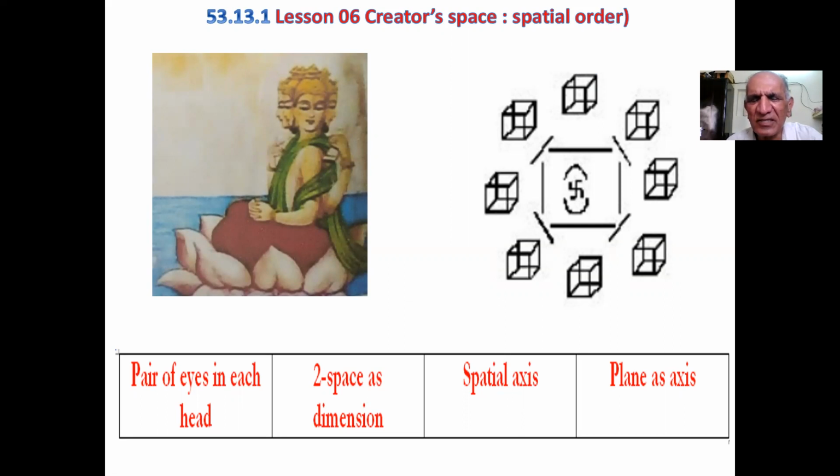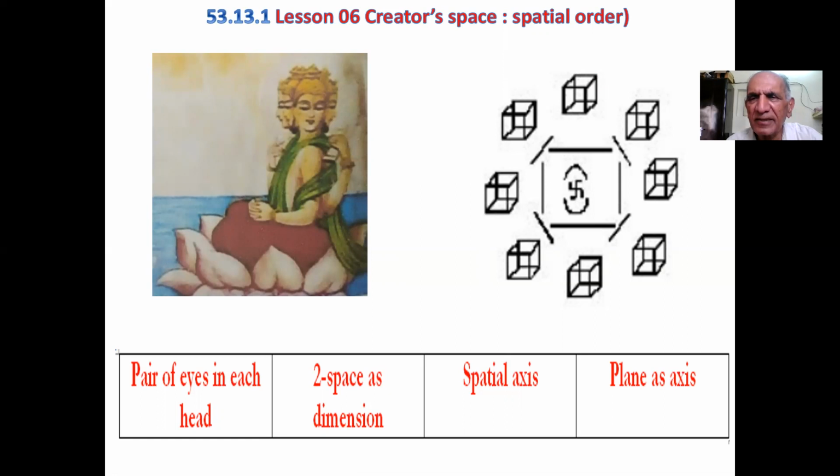It is this spatial nature of the axis of creator's space which makes all the difference for its mathematical features, mathematical values, mathematical processing steps, and mathematical attainment.